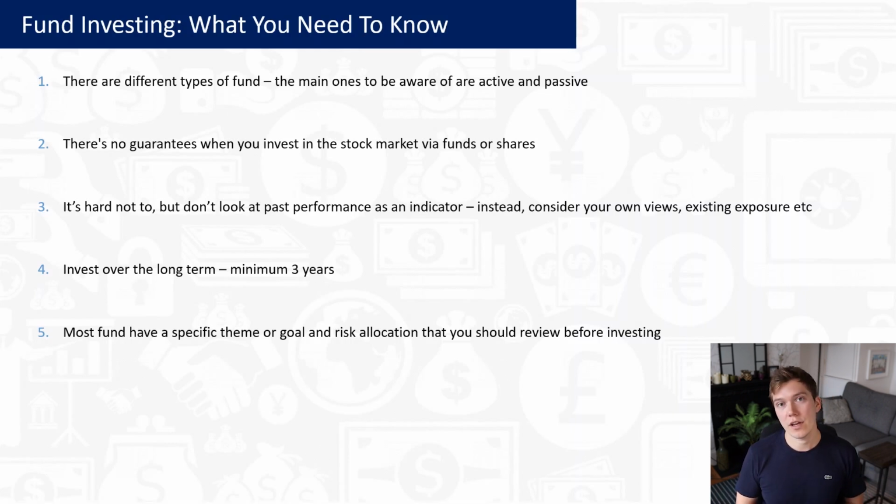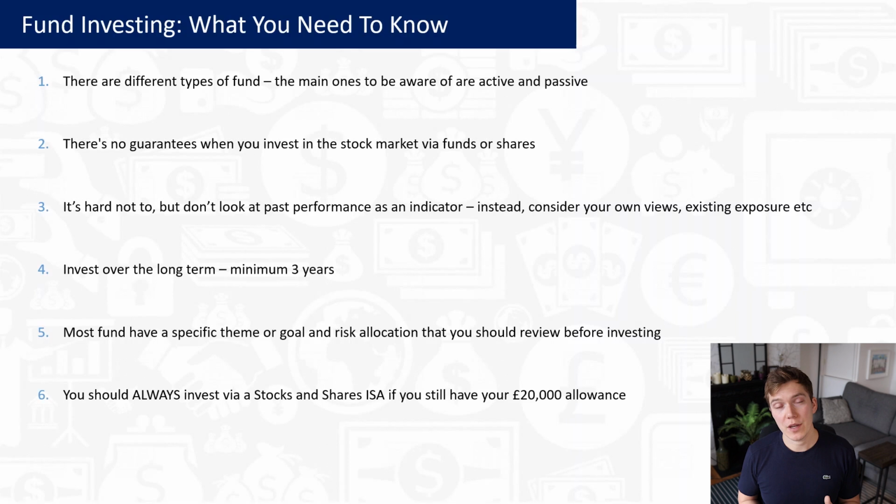The important thing to note is that funds should be used to help you diversify. As I mentioned before, if you already have tons of investments in US tech companies, then you shouldn't be investing in a fund that also has a heavy exposure to that niche. So try and go for funds that have exposure to areas that you don't already have exposure to, in order to benefit from diversification.